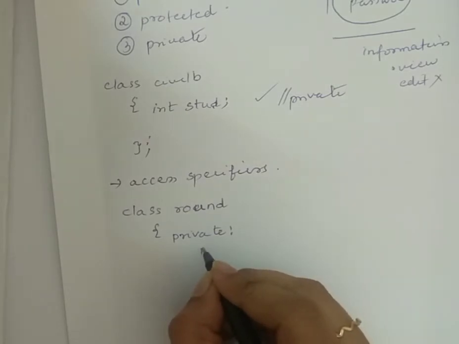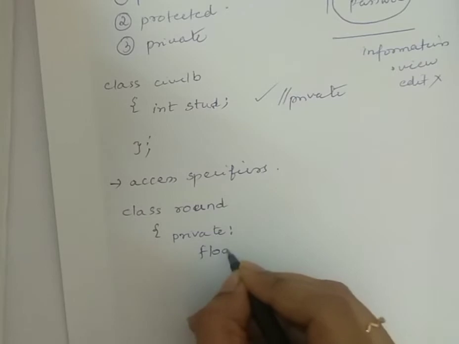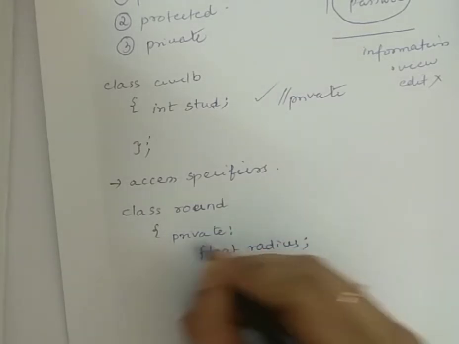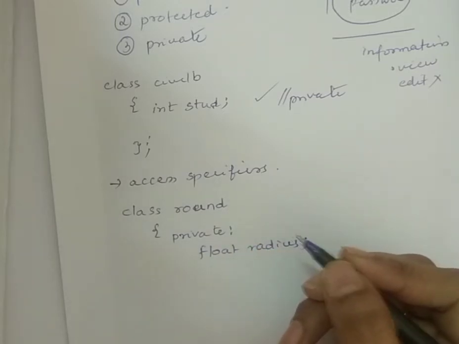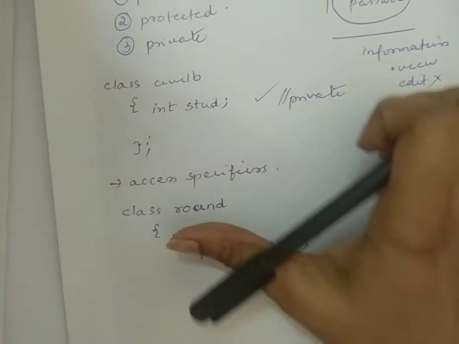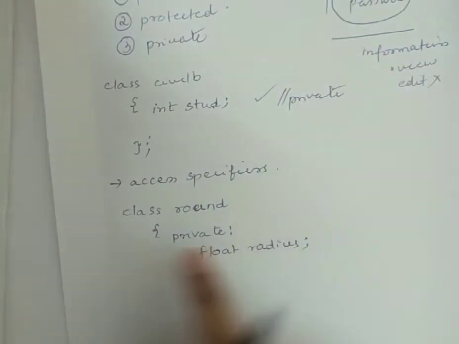If I need the radius, I am writing float radius after this access specifier private, which means that now radius is a private member. It can't be accessed from the outside. Even if I omit private, by default this radius is a private member itself.